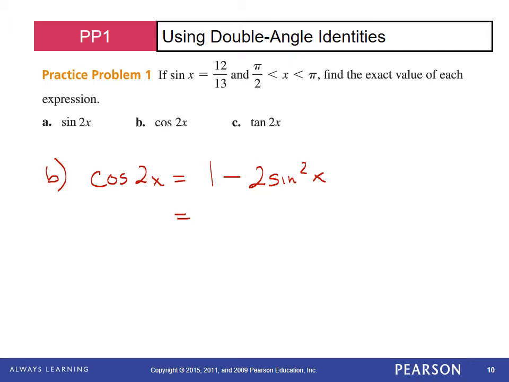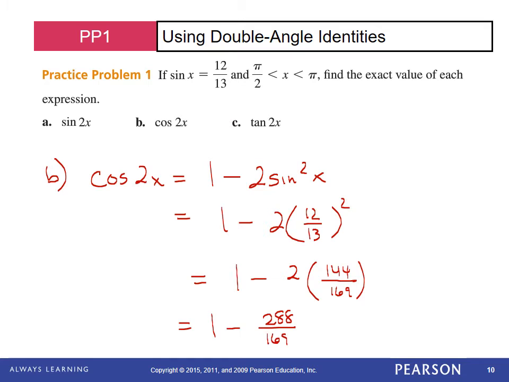You plug in the equivalent value here, 12/13, square it, gives you 144/169. Multiply by 2. How about 2 times 144 is 288?